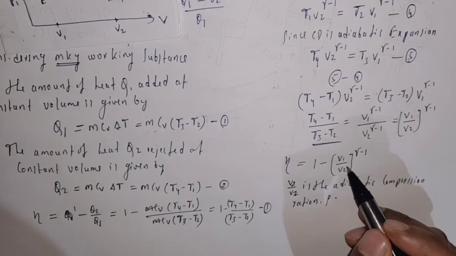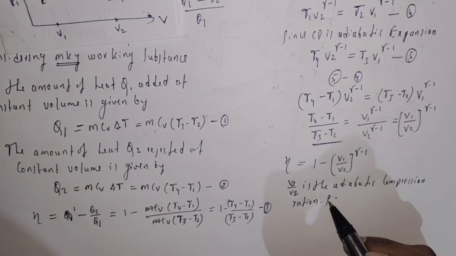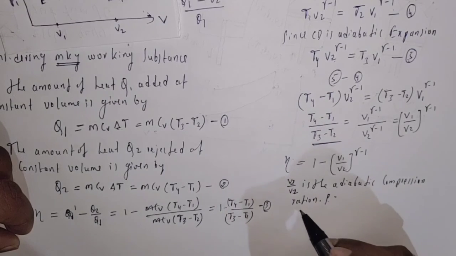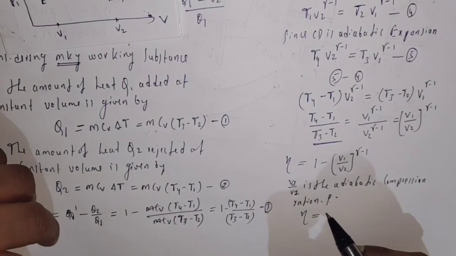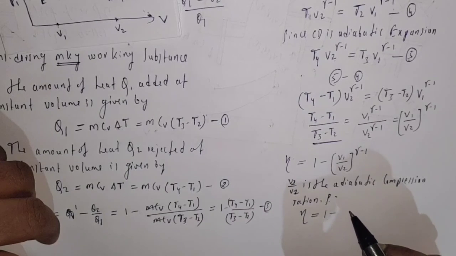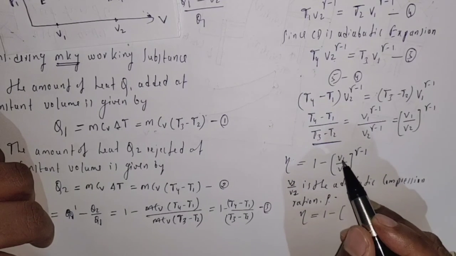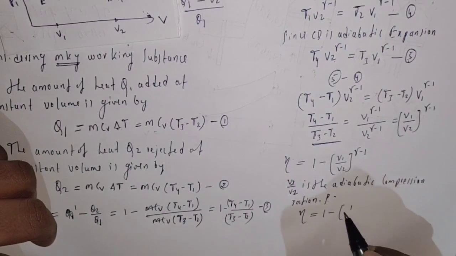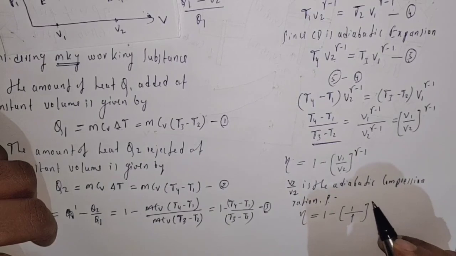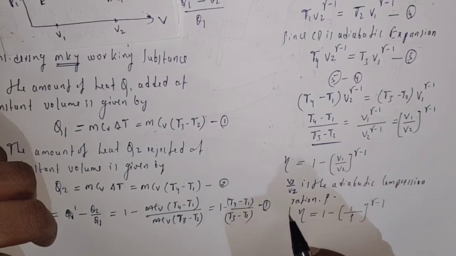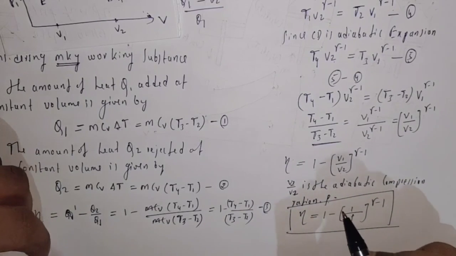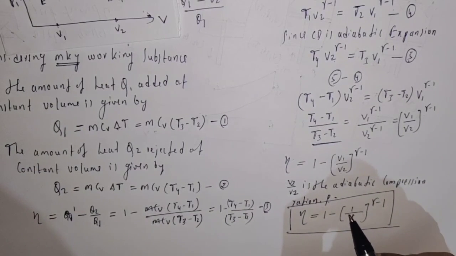So in place of V1 by V2 I am going to use rho. So we can write the expression for the Otto engine as 1 minus, with V2 by V1 in the numerator, 1 divided by rho power gamma minus 1, and this equation gives the expression for the efficiency of the Otto engine.